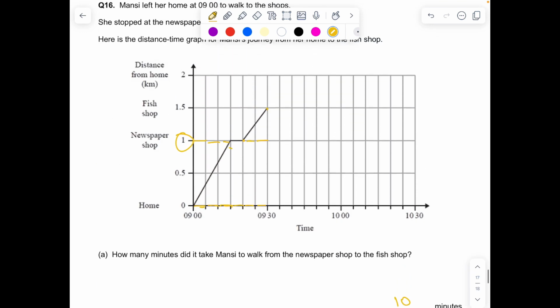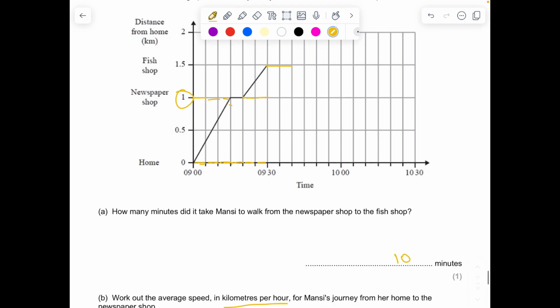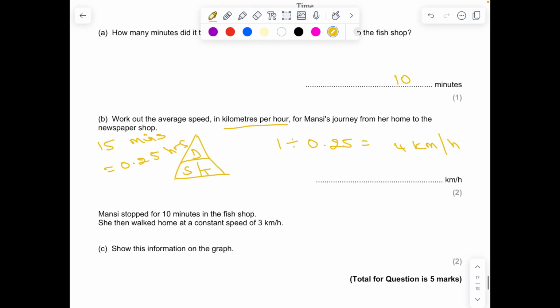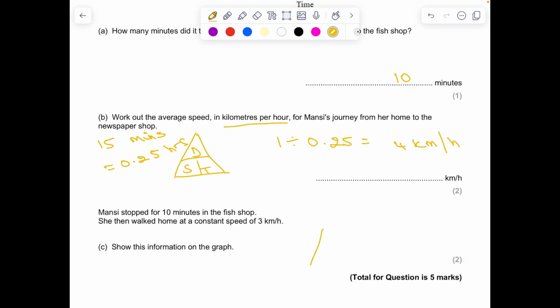So we know that one of these squares is 5 minutes, so 2 must be 10. So we do a horizontal line showing the 10 minutes. And then 3 kilometres per hour. So we can do a quick calculation. Some of you can do it without the calculation. So we know the speed, we know the distance, we want to find the time.